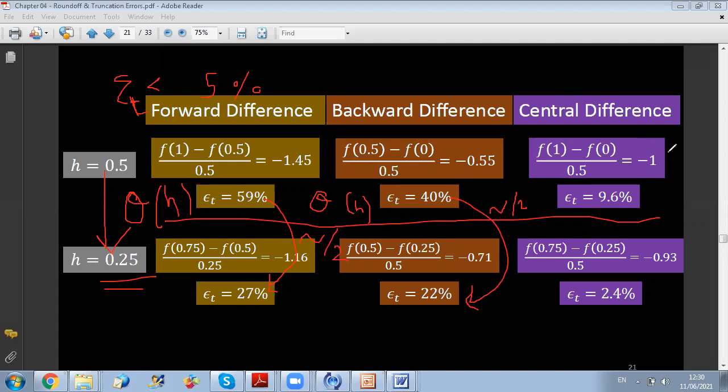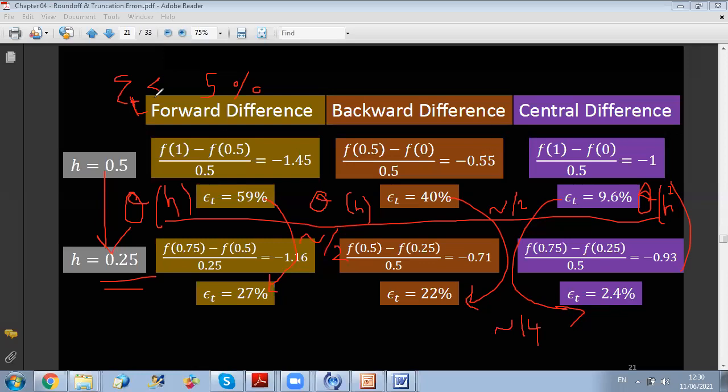While for the central difference scheme, because the order is h squared, when I divide h by 2, I can expect that my error will be approximately divided by 4. And because it was nearly 10%, now it's nearly 2.5%.